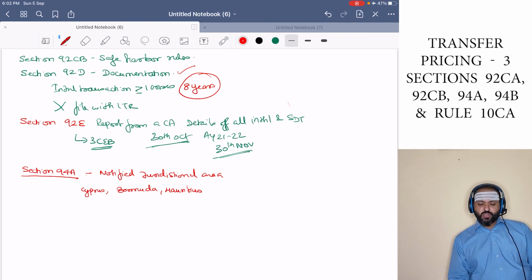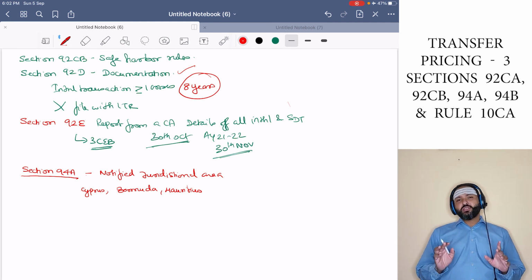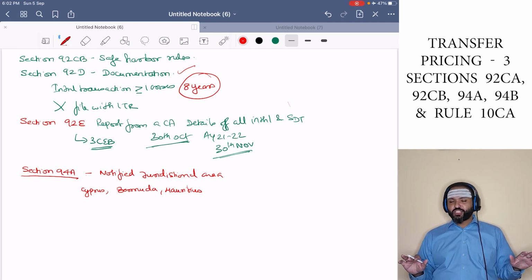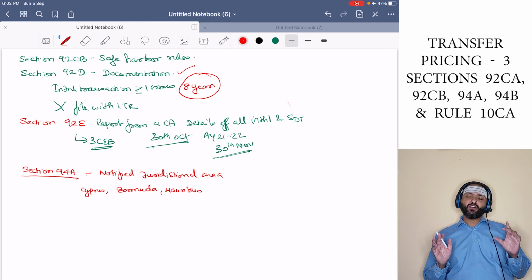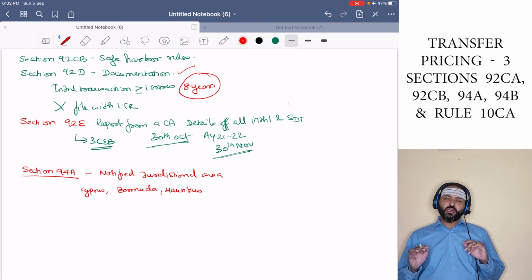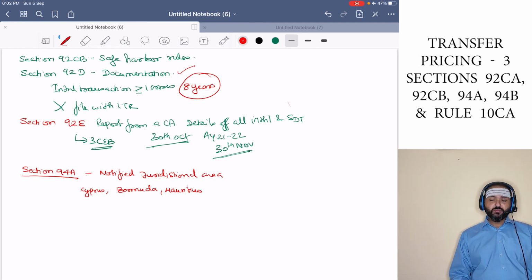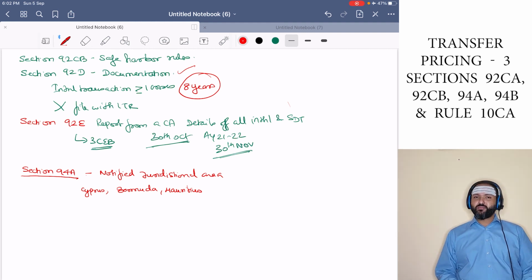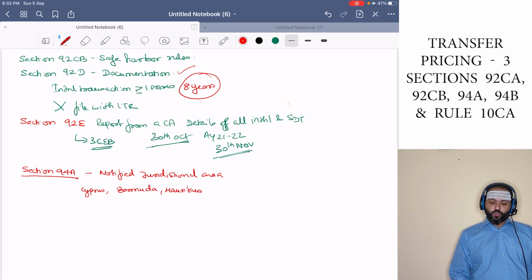So these notified jurisdictional areas are those areas which do not share information with India for the purpose of treaty formation. Now what has happened? Because of this, people started converting black into white. So what did they do?